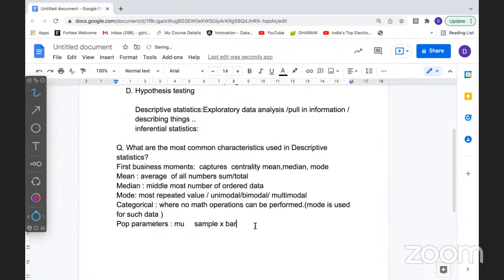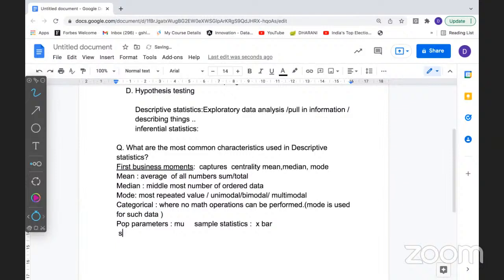X bar is a sample statistic. These two you have to remember: this is called mu and this is called X bar. So X bar should be nearly equal to your mu. That is how we can decide that our sample is a perfect sample and a replica of your population.